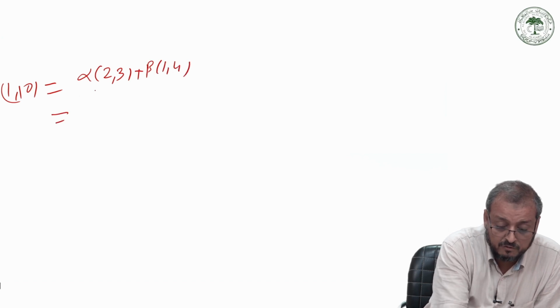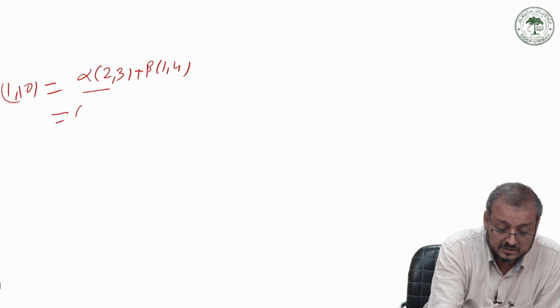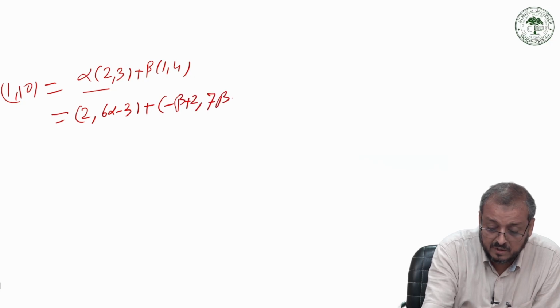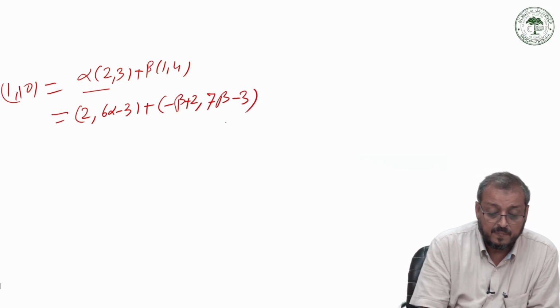We calculate the value of this: 2 and 6 alpha minus 3, and this one is minus beta plus 2 and 7 beta minus 3.